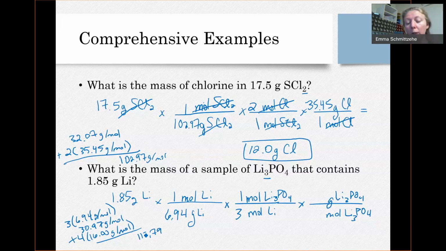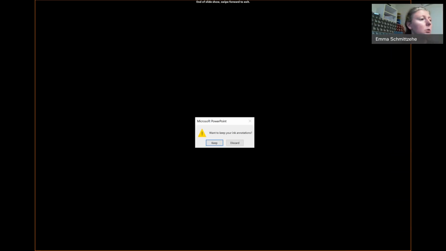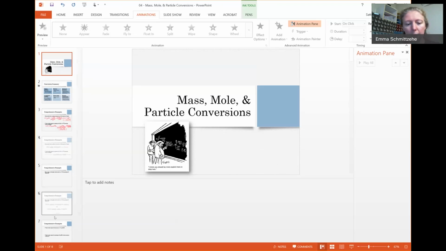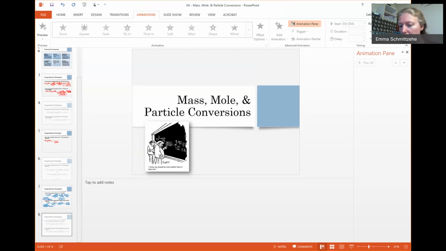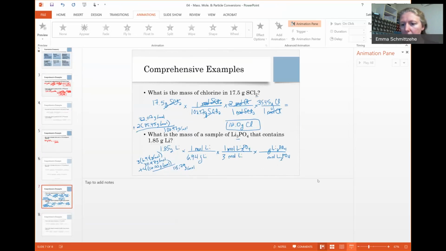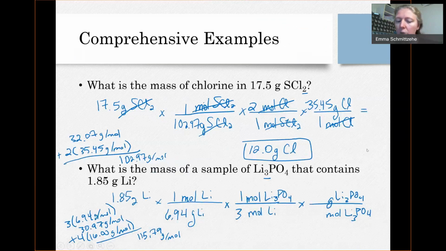Grams per mole. Okay, so that gives me my molar mass. I'm going to put that in here.